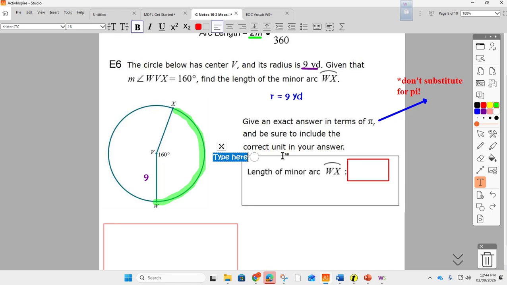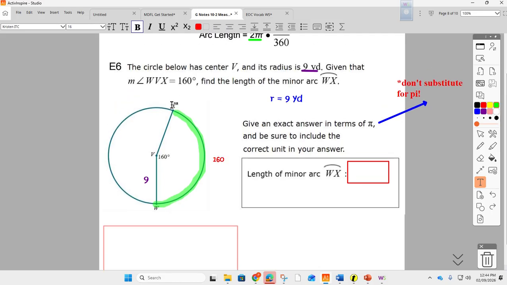I want to get, what's the measure of this arc? Yes, it's the exact same as the central angle. So now we know that the part that this arc represents of the circumference is 160 out of 360, right? So now we just have to plug in the other things.